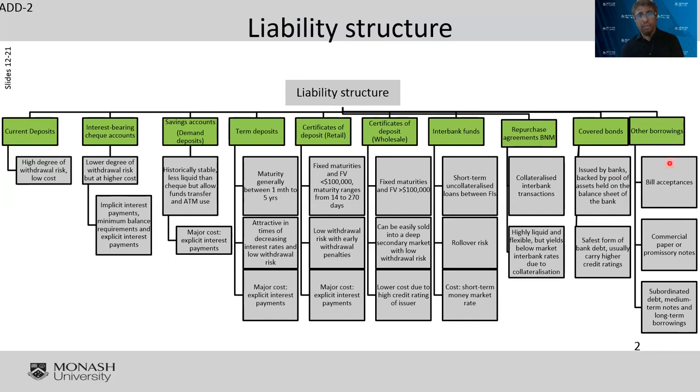And then I think we have the other borrowing, which is bill acceptance. You can accept a bill, and commercial papers. You can issue bills and commercial papers, promissory notes, subordinated debt, medium term.